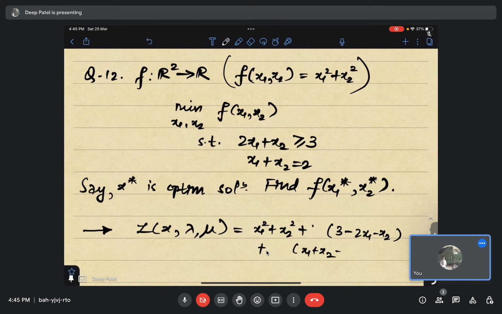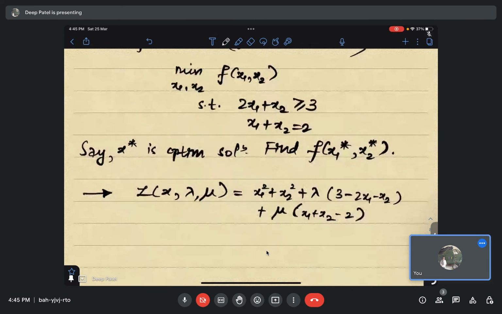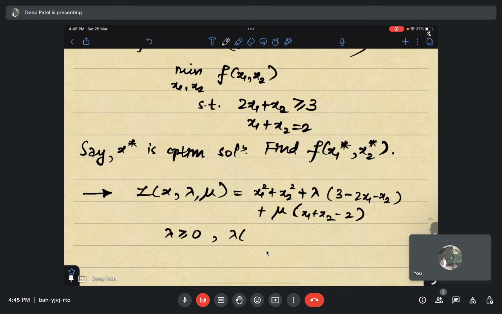There's no vector, I'll just put lambda and mu. Okay, I've written my Lagrangian now. Anything else I need to mention? Yes, lambda greater than or equal to 0, mu greater than or equal to 0. And complementary slackness is also important.